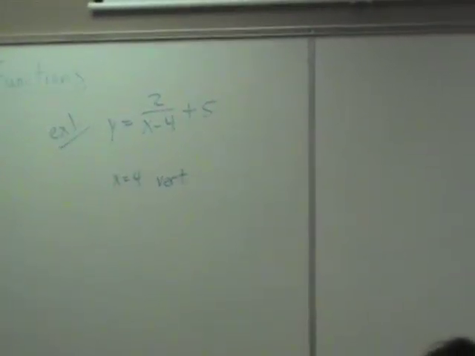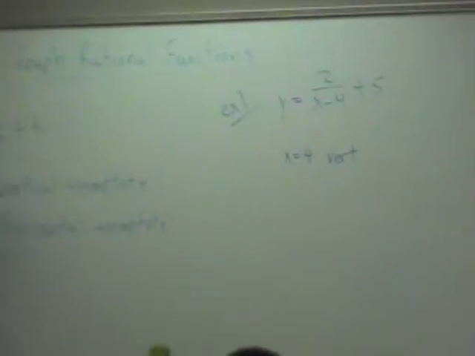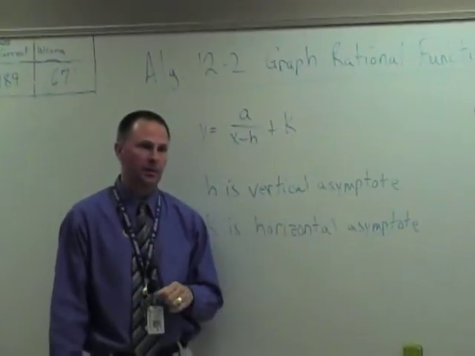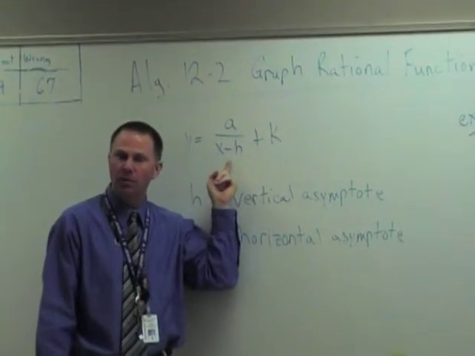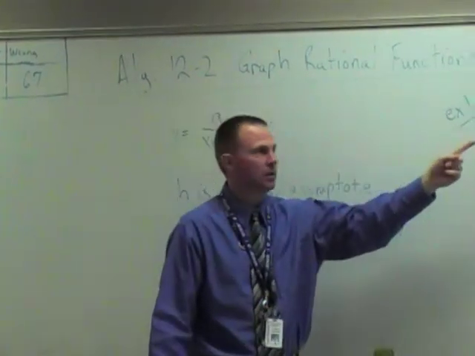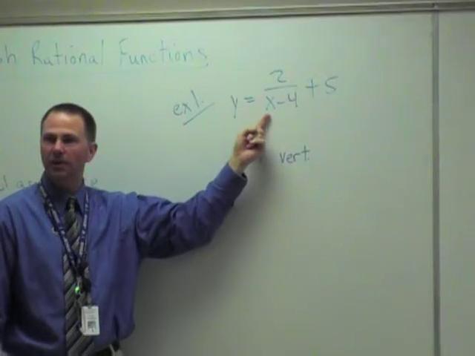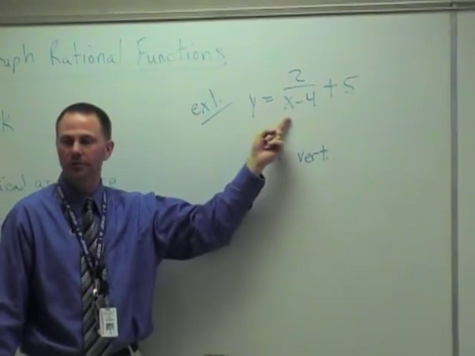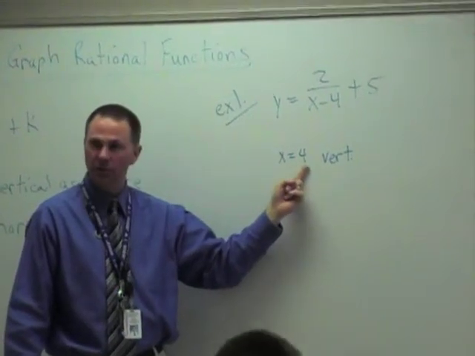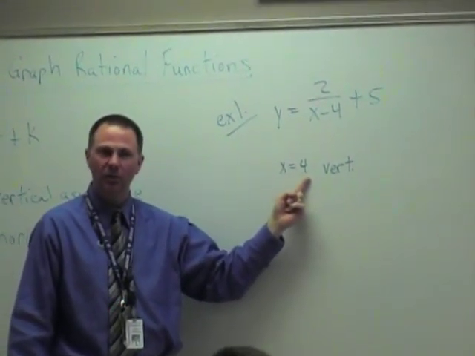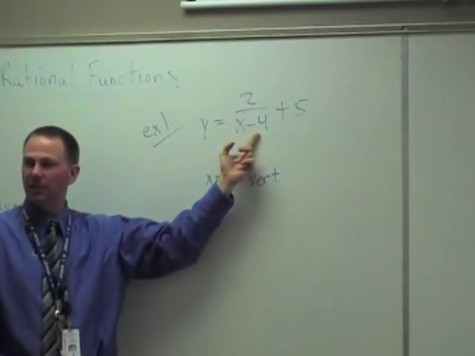If it's in a grouping form, it's the opposite. Because this can't be 0. What makes your denominator 0? 4 equals x. So, x equals 4.